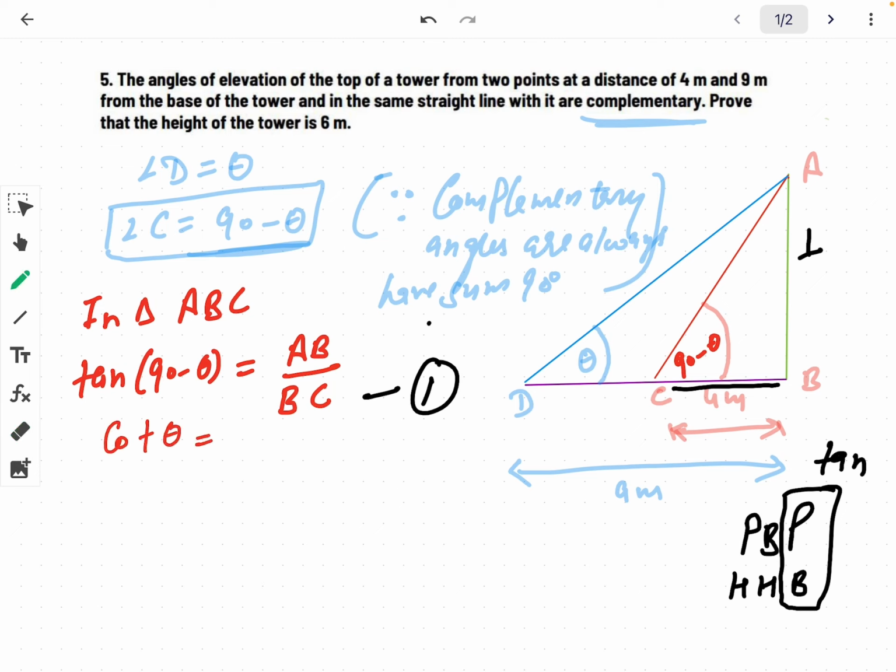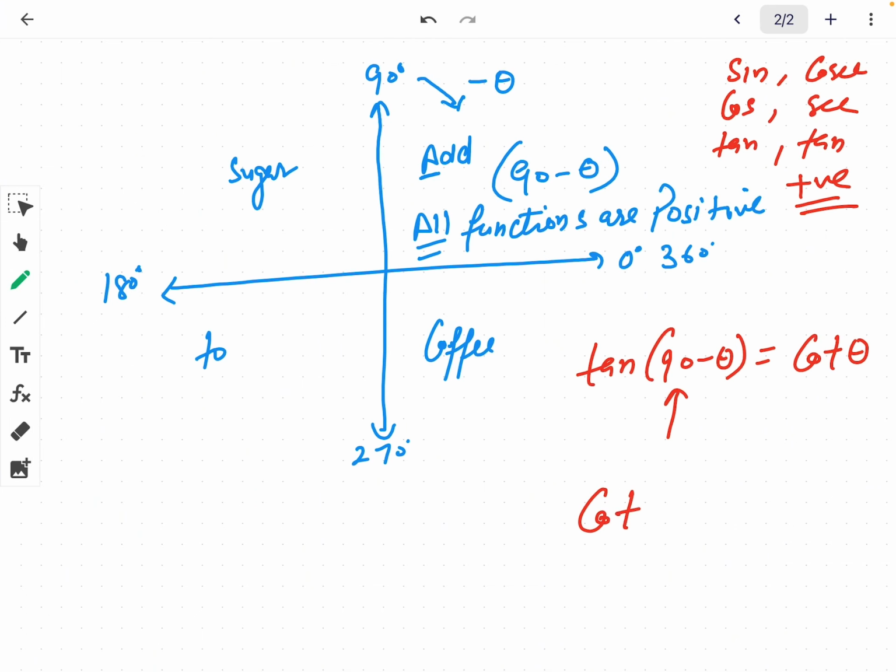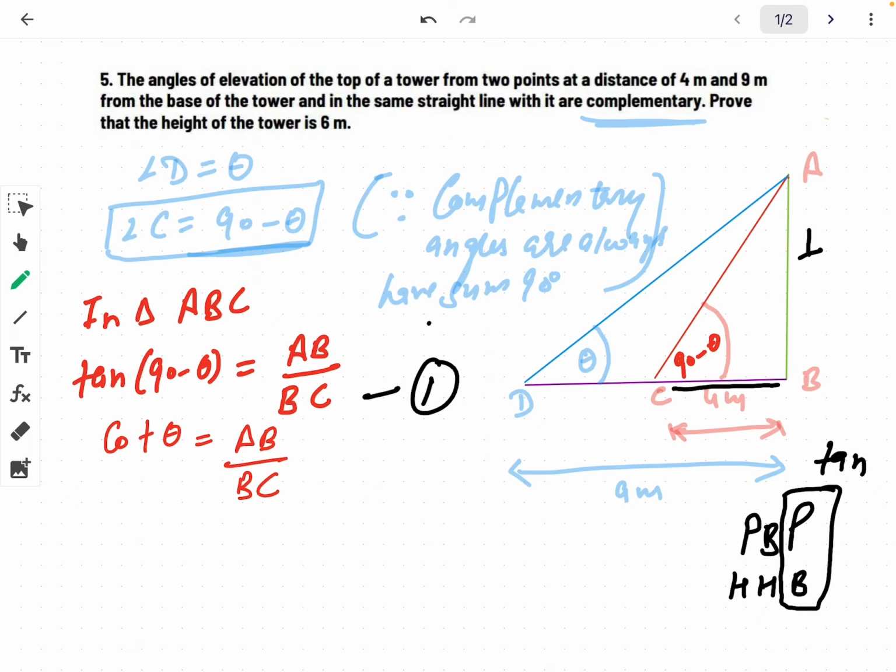So therefore this tan 90 minus theta can be written as cot theta is equal to AB upon BC, and cot theta is equal to 1 upon tan theta because of the reciprocal property. So 1 upon tan theta is equal to AB upon BC.